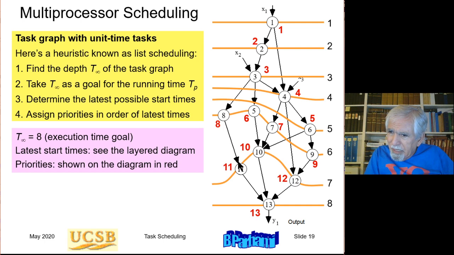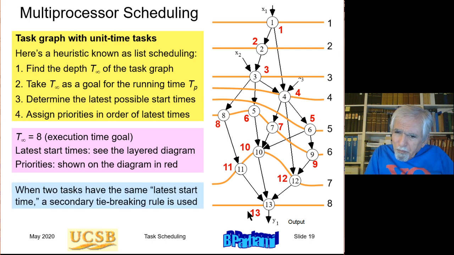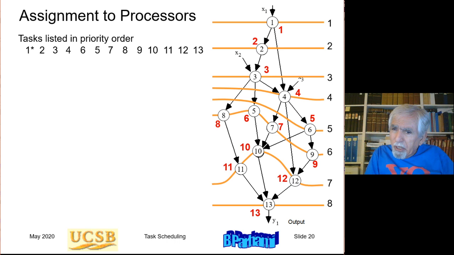And then these 3 are in the same level, so I continue, let's say, assign priority 10 to this one, 11 to this one, 12 to this one. I could have done it differently. And then priority 13 to this one. Okay, once I have the priorities, I list the tasks in order of the priorities.